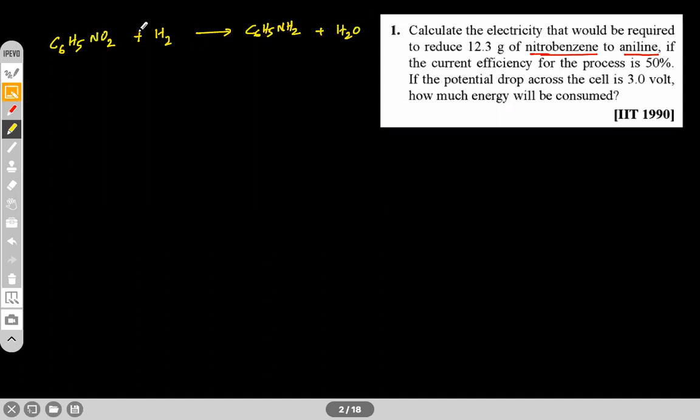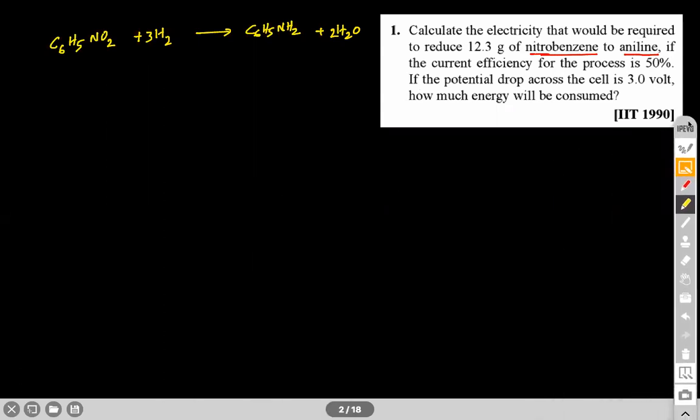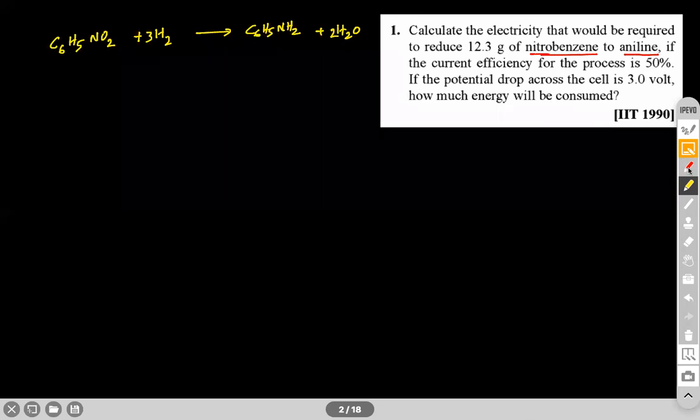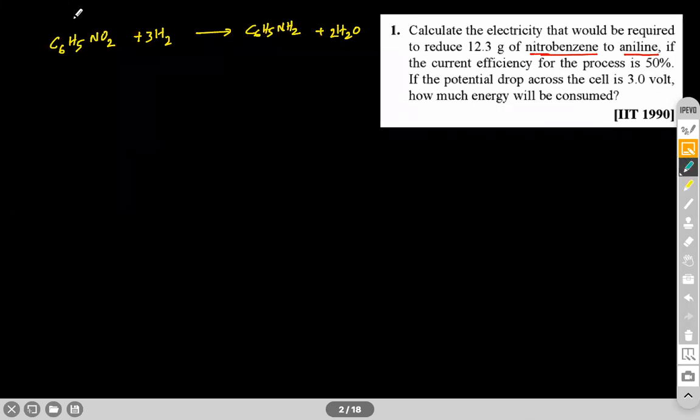So if you balance this reaction, this reacts with 3 moles of H2 and forms 2 H2O, right? So you see here, the mole ratio is 1:3.